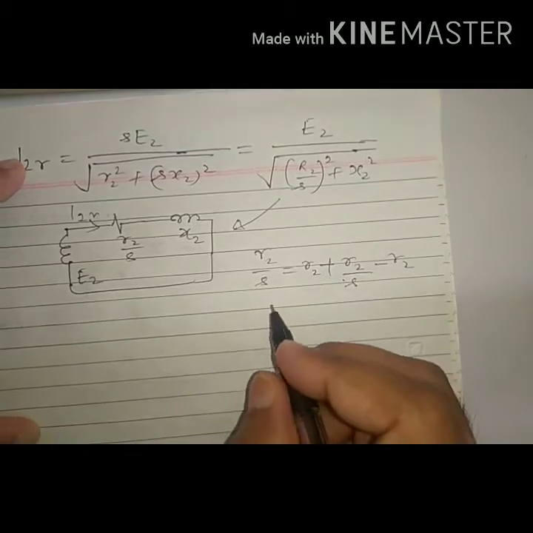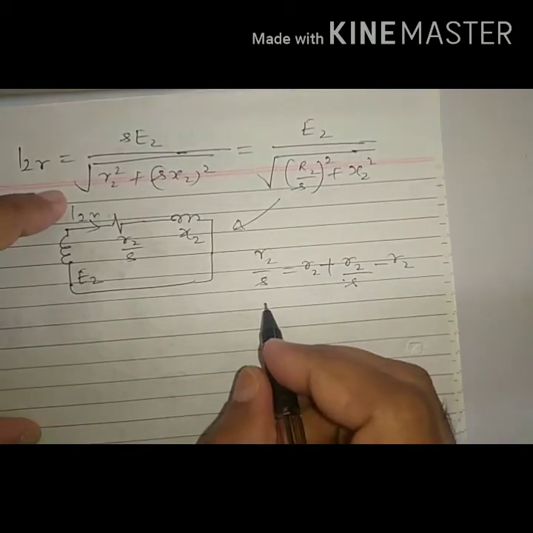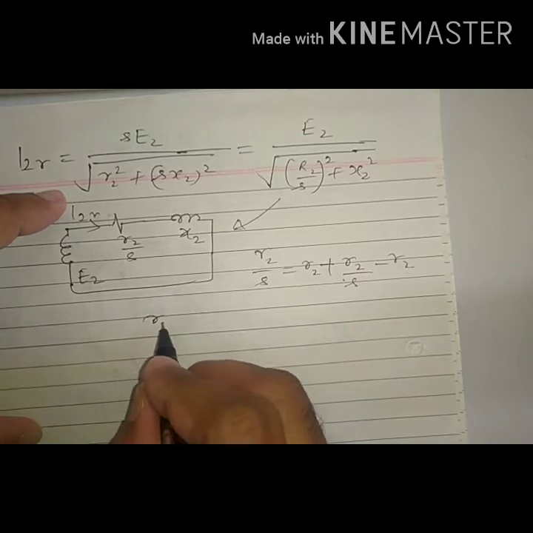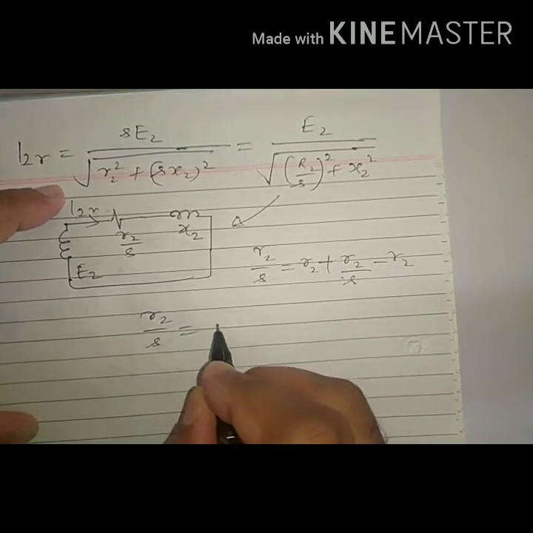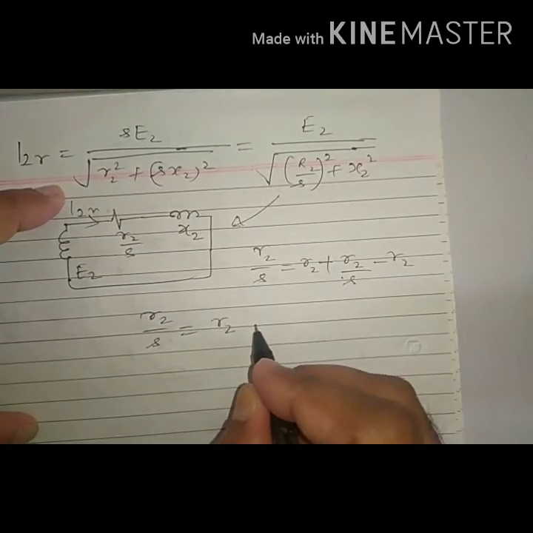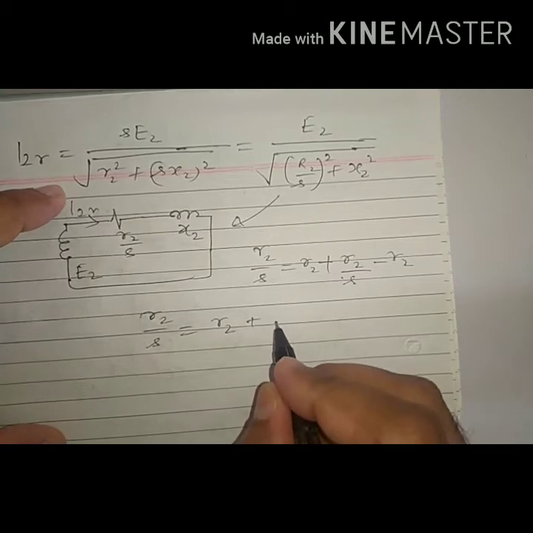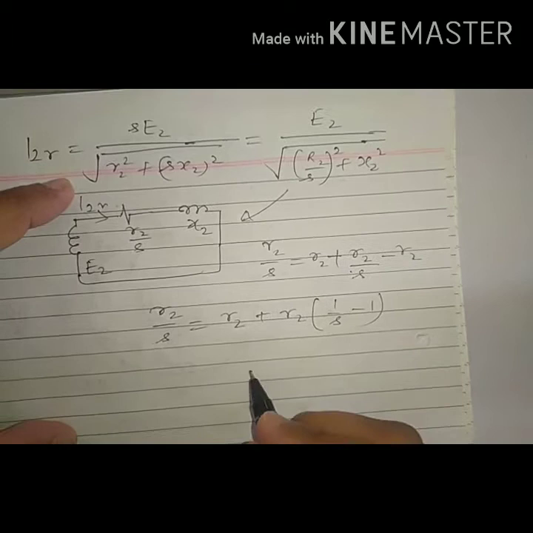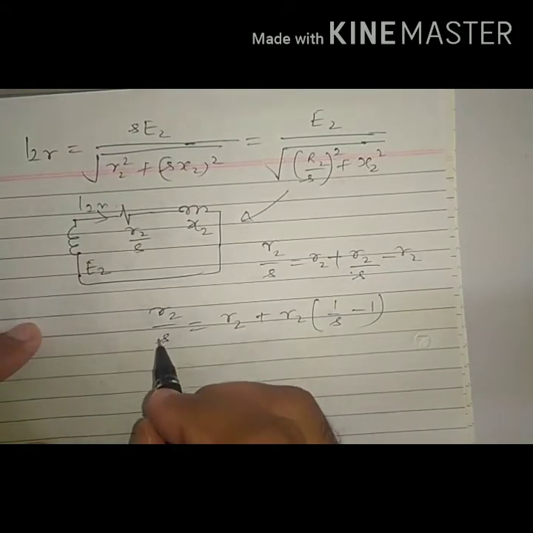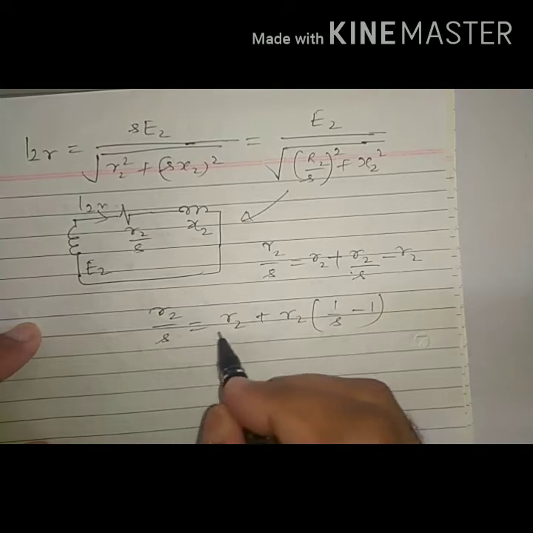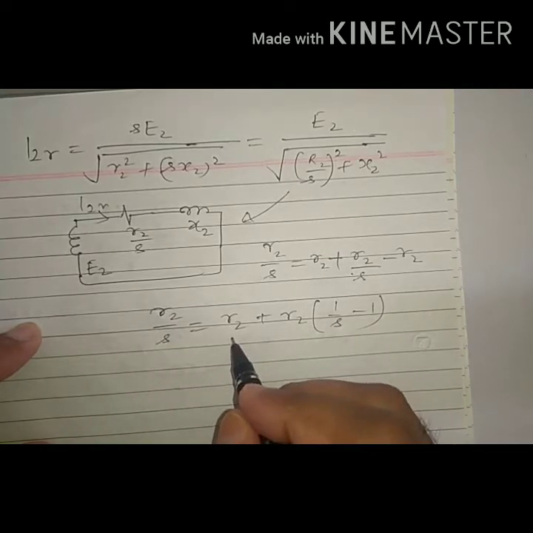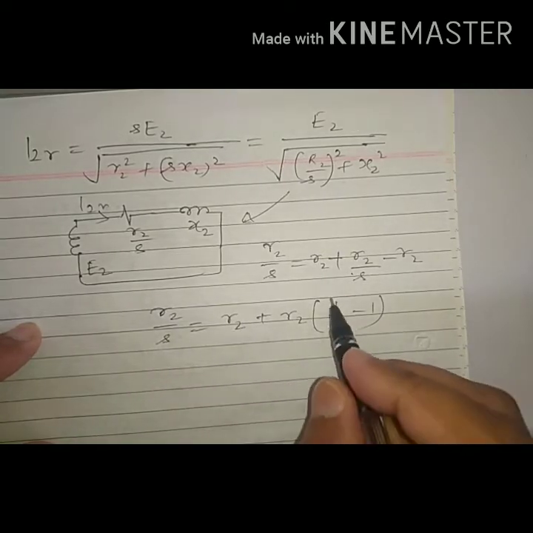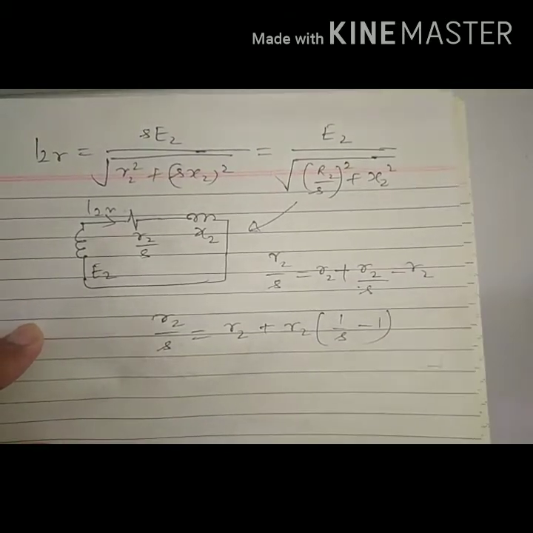So it can be written as R2 plus R2 times (1 by S minus 1). So we have split this R2 by S, in which S is variable, into a constant R2 and a variable R2 term, right?